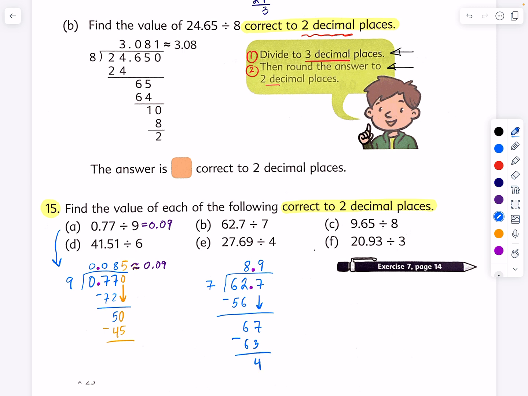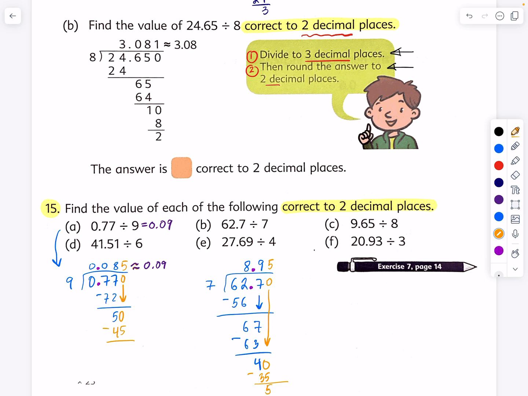Are we done? No, we need three decimal places. So we continue with trailing zeros. Bring down the trailing zero. 7 goes into 40 5 times. 7 times 5 is 35. Are we done? No, we need a third decimal place.